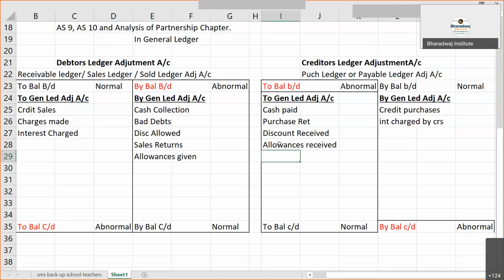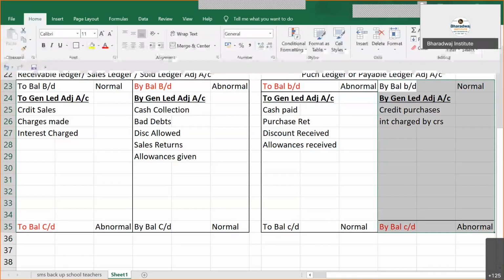It's not salary, that allowance. Allowance received and allowance given. So this is allowance given to debtors and allowance received from creditors. This is how we prepare a debtors ledger adjustment account and creditors ledger adjustment account.